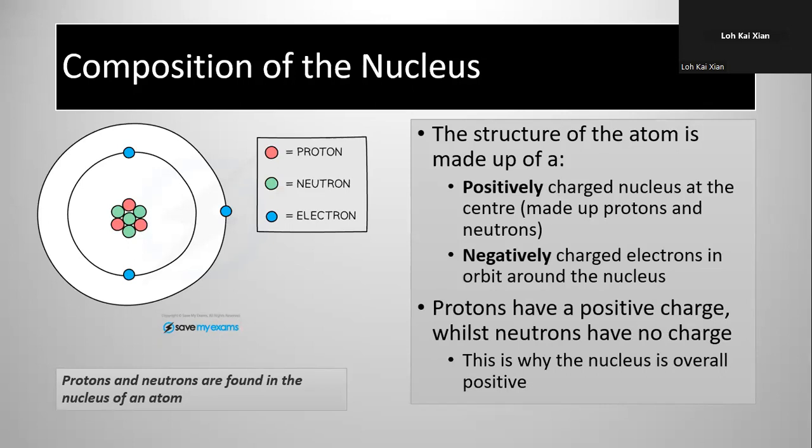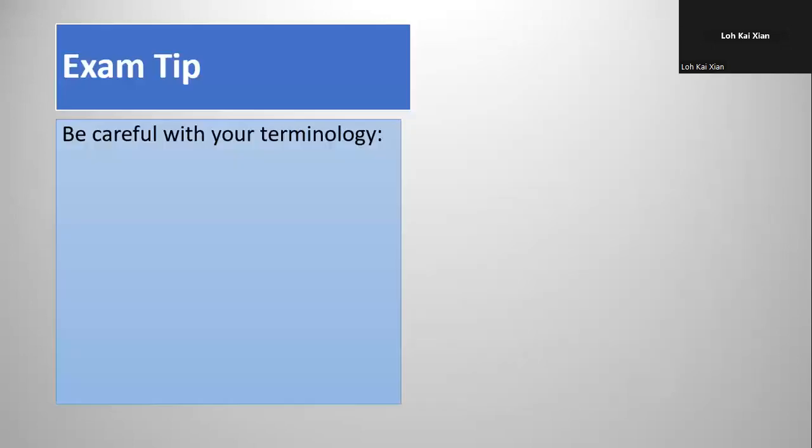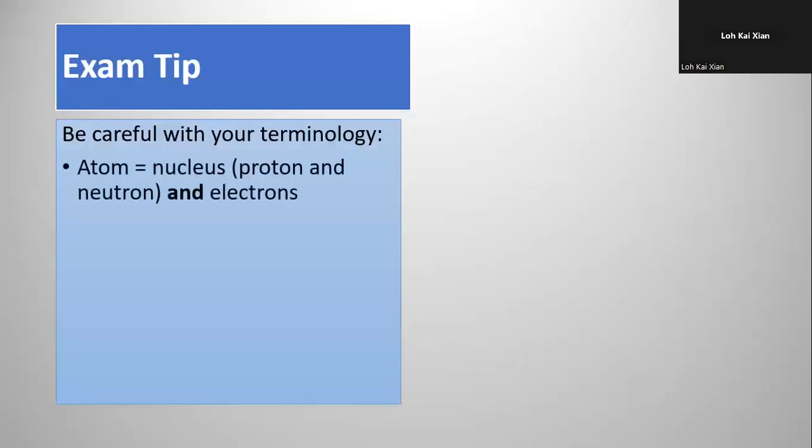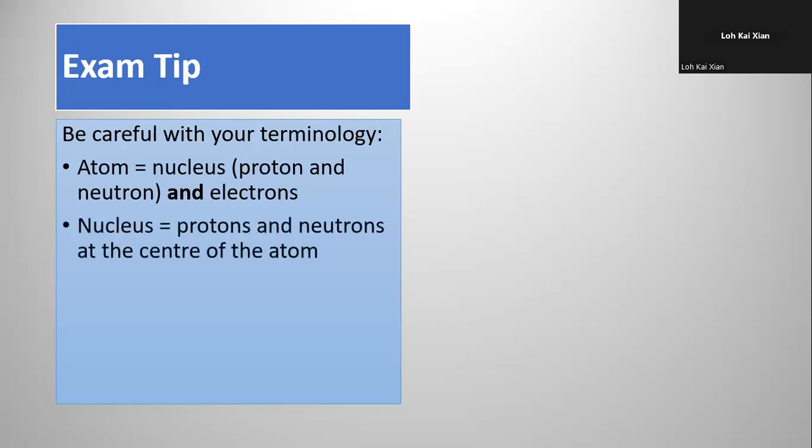So overall, the nucleus is positively charged. Be careful with terminology. Atom means nucleus, proton and neutron and electron. Nucleus means proton and neutron only at the center of the atom.